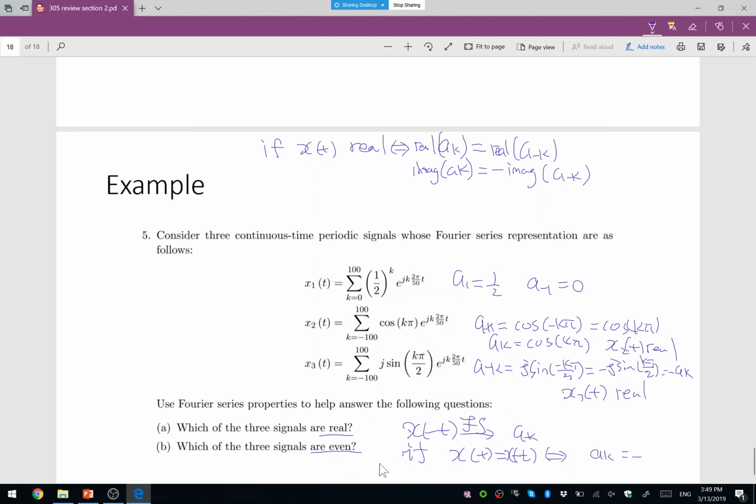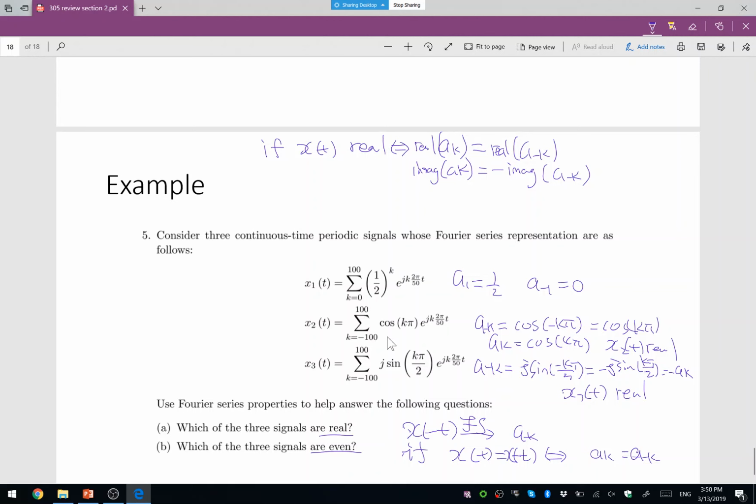So that means a_k equals a_{-k}. So if x is even, a_k should also be even. The other way also works. If the a_k's are even, x should be even. So if we check that the a_k's are symmetric, then x should be even. So still this one, the range is not symmetric, so it cannot be even.